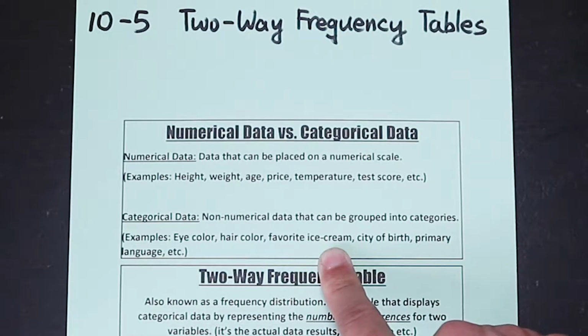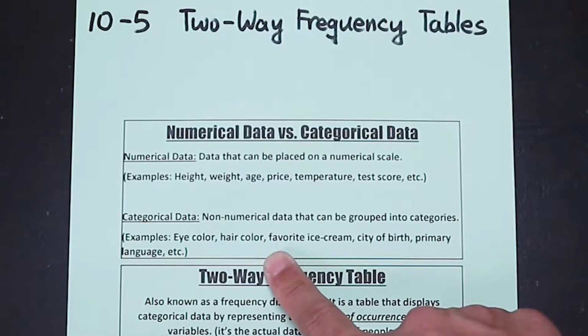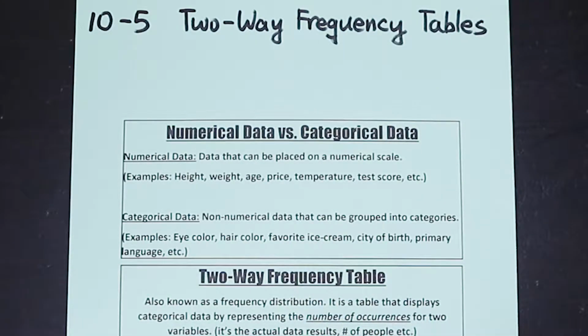You would say chocolate, strawberry, vanilla, rocky road, mint, coffee, etc. So your responses are not numerical. Likewise, if I were to ask you your city of birth, some of you might say Los Angeles, Austin, Texas, New York City, New York, San Francisco, California, etc. So the responses are not numerical.